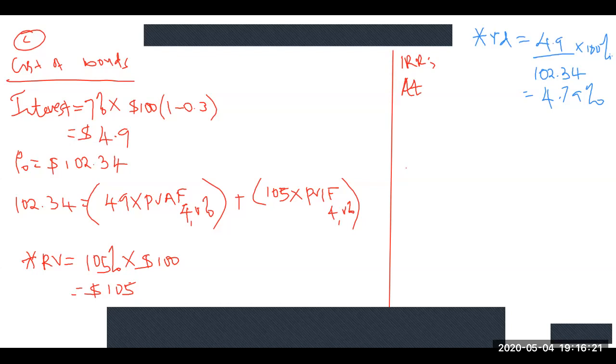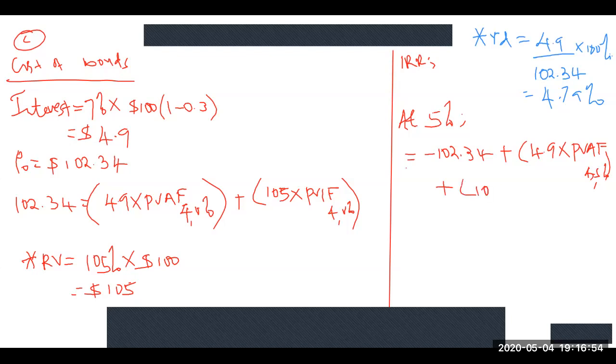So that informed my first trial, which was at 5%. So at 5%, we get negative 102.34 plus 4.9 times present value factor, 4 years, 5%, plus redemption value, which is 105 times present value interest factor, 4 years, 5%.